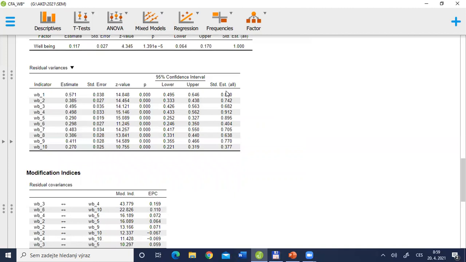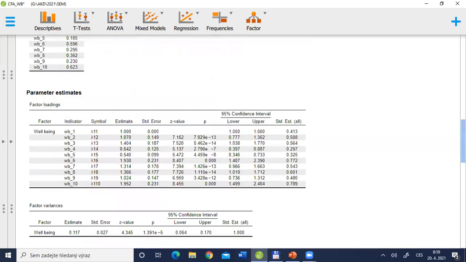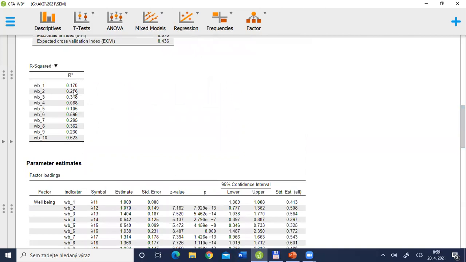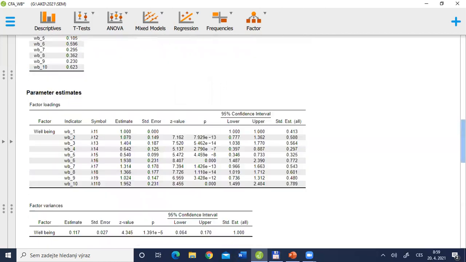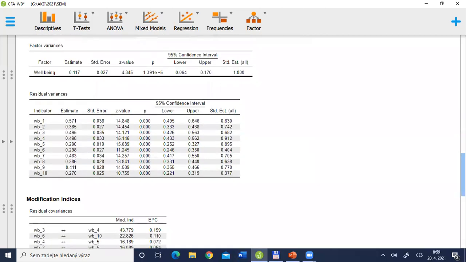And here we have standardized versions. So if you take these values, this must be 1 minus these R squares, or 1 minus the second power of these values. So these 3 tables are related to each other.